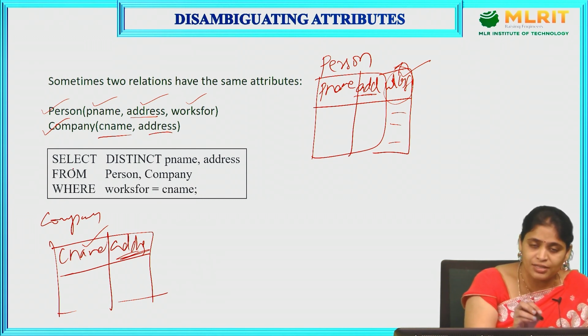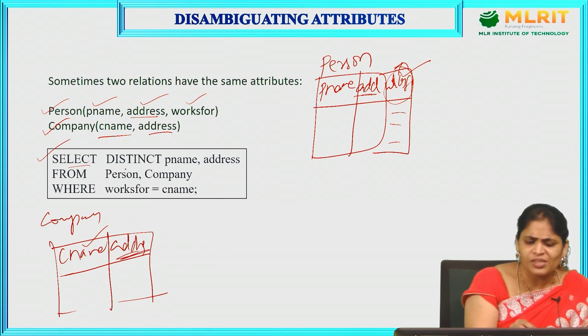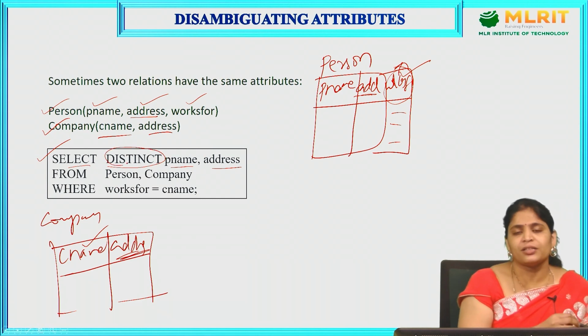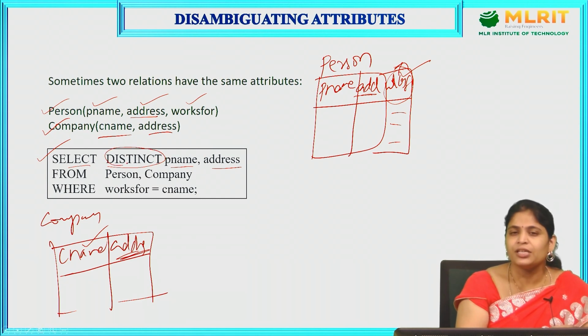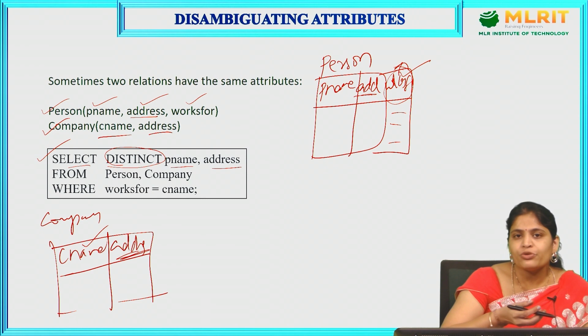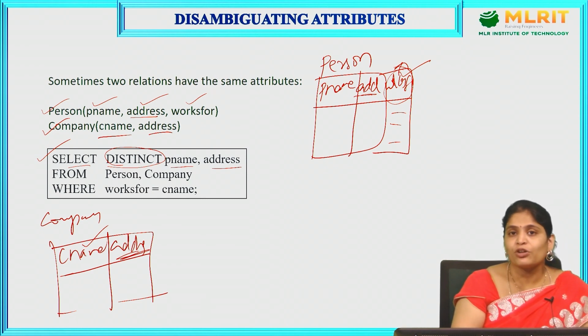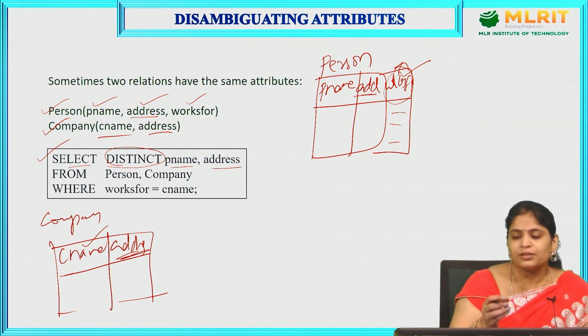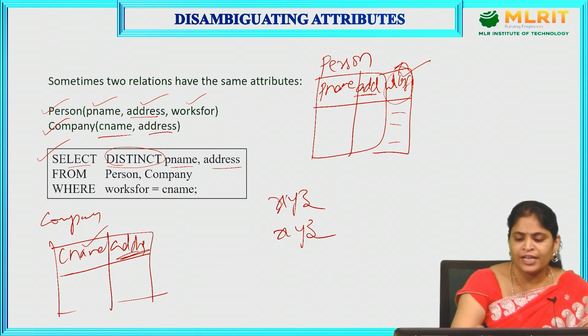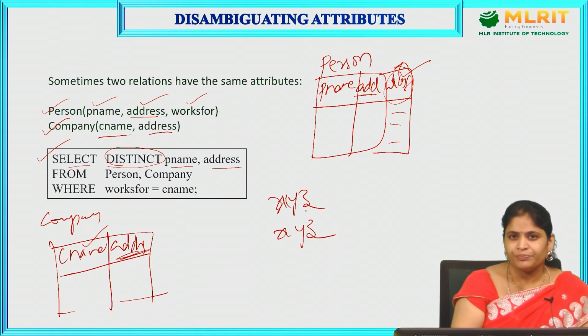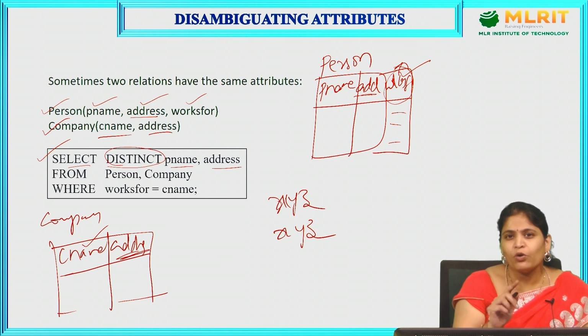Let us discuss this with an example query. Select distinct pname, address. What is the distinct keyword here? The distinct keyword is used to retrieve the data uniquely. For example, if we have the same name, XYZ, as a person name in another table too, it will display only once.